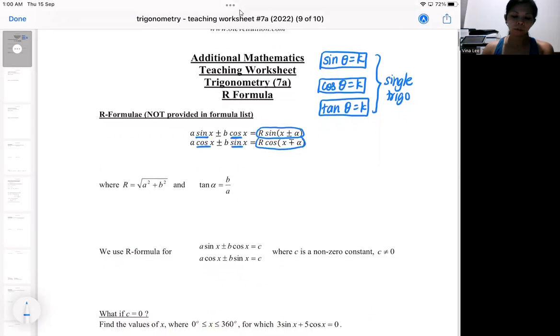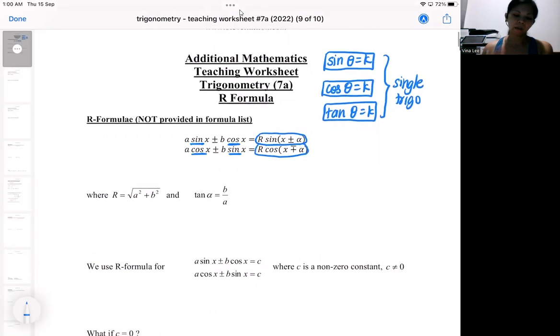Before we go into how we convert it, or how we use the formula, you have to understand that the purpose of the R formula is to convert two functions into one function, so that eventually you can execute the 4 steps you learned in trigo equation, which is basic angle, ASTC.